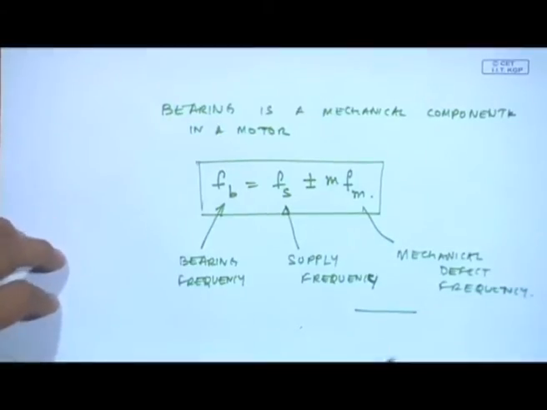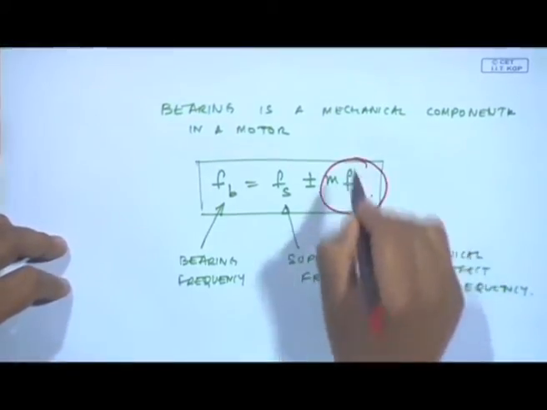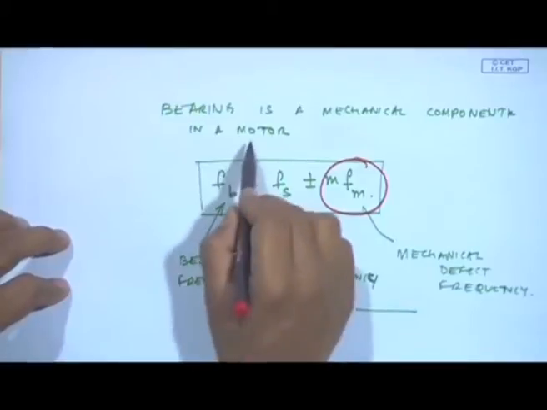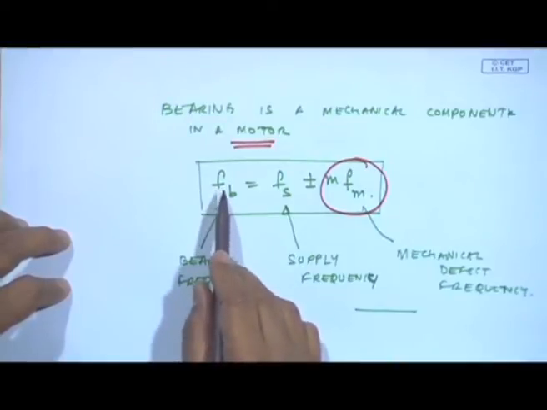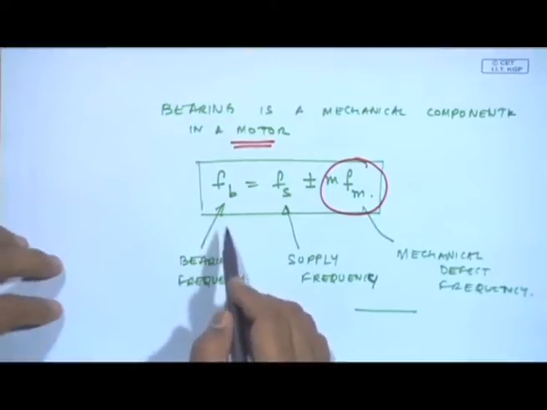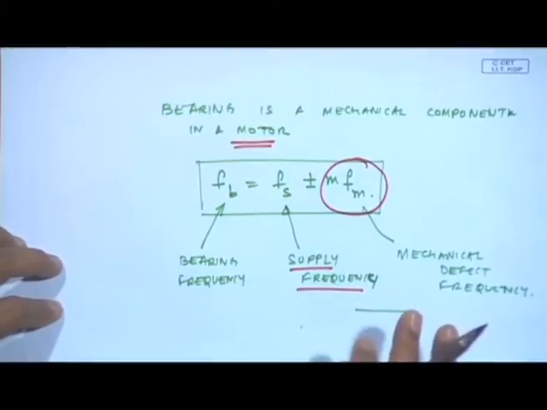This gives us a clue that if I have any mechanical defect frequency in a system which is being driven by an electrical motor, by looking at the motor current spectrum, I can see side bands around the supply frequency. I will repeat that again.